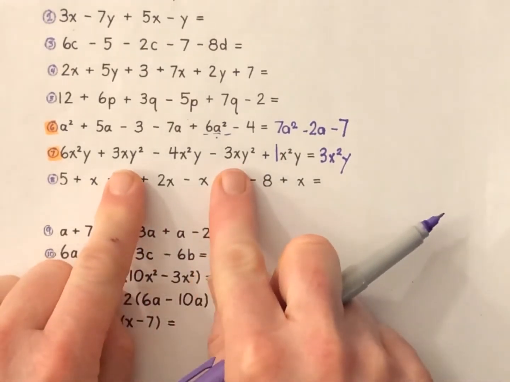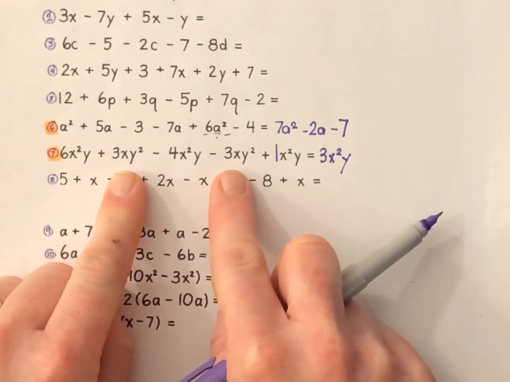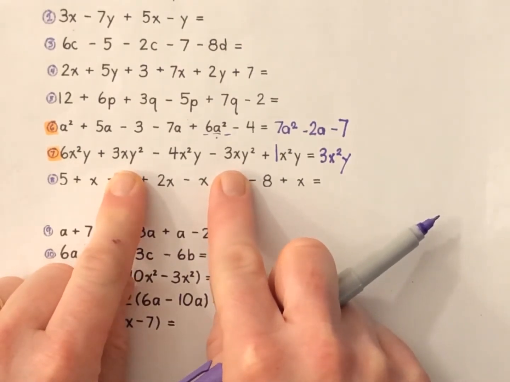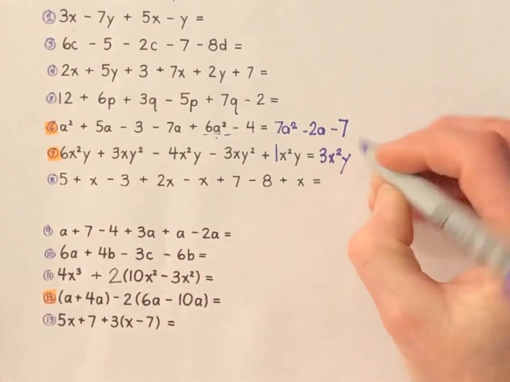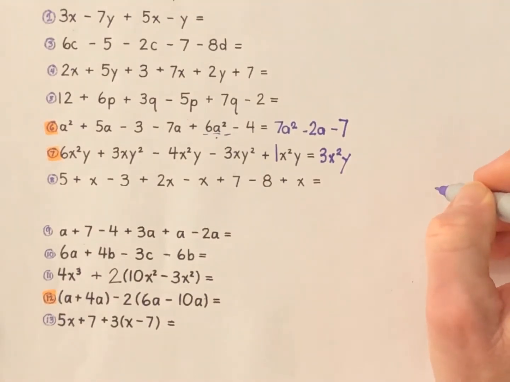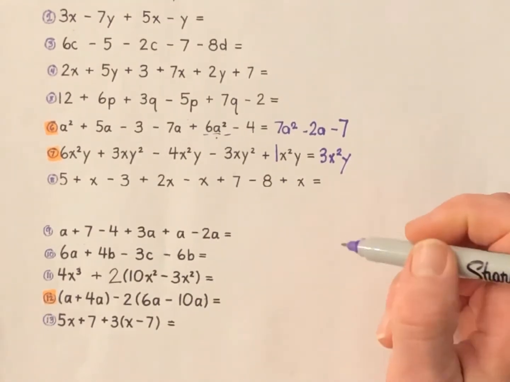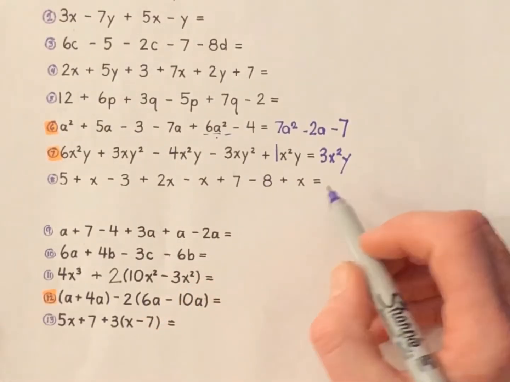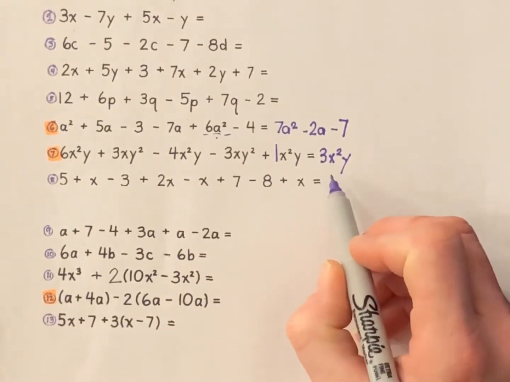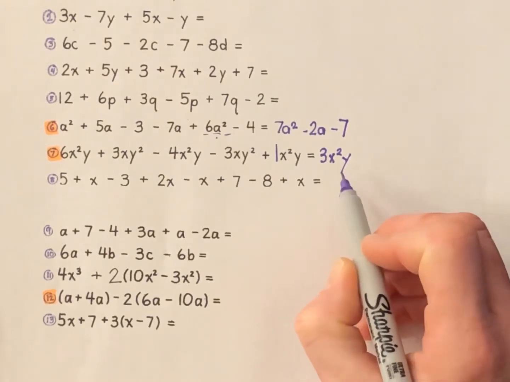These are our only terms with xy squared, and they cancel out, so you have no xy squared. If you want to put plus 0, you can, but the simplest way to do it is just leave it blank. So your final simplified form is 3x squared y.